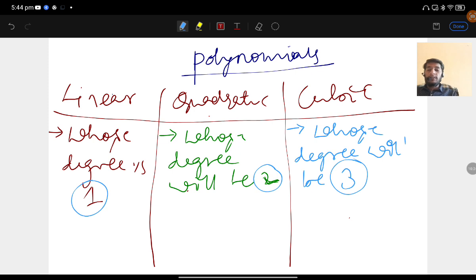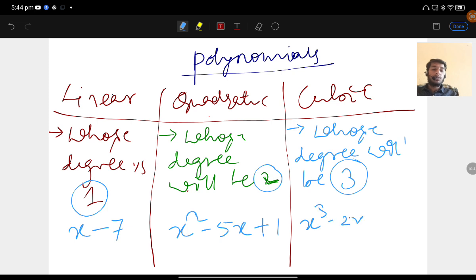I will write one example for each. x minus 7 is linear. x square minus 5x plus 1 is a quadratic polynomial. For the cubic, x cube minus 2x square plus 3x plus 1.